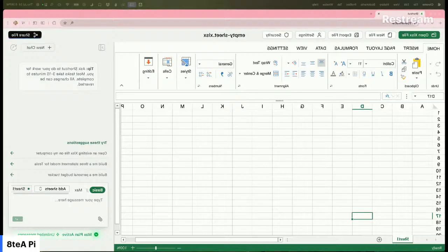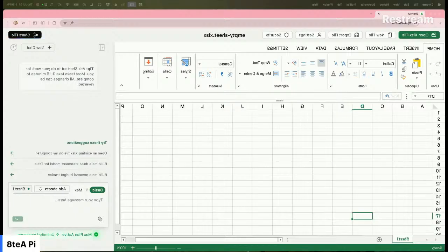Right, let's see if this works. It does work. So, is there sound? Let's see. Okay. It's still flipped.